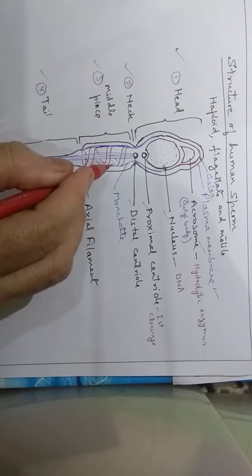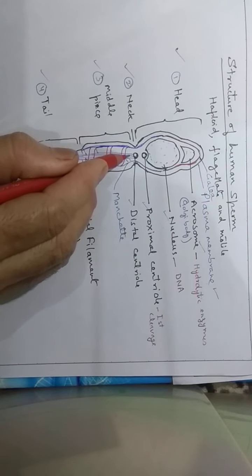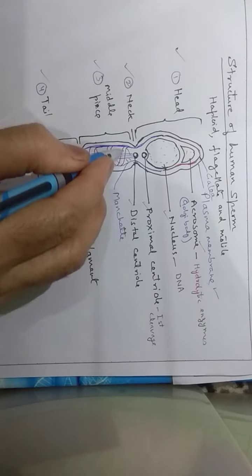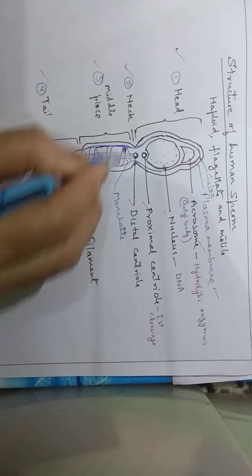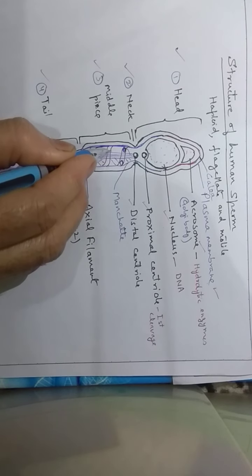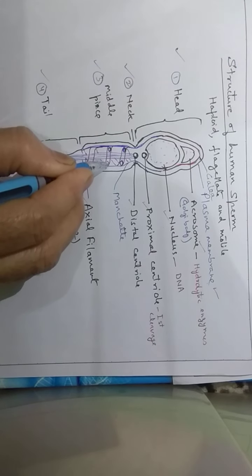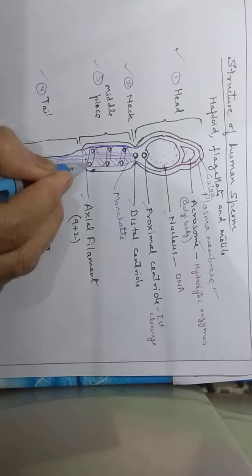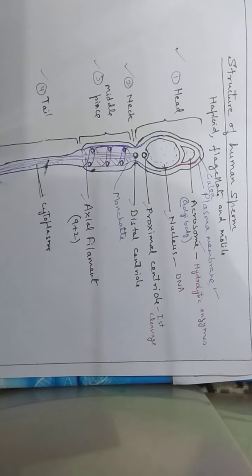A large amount of energy is required by the sperm for movement, when the sperm has to move inside the female reproductive tract from the vagina to the fallopian tube for fertilization.